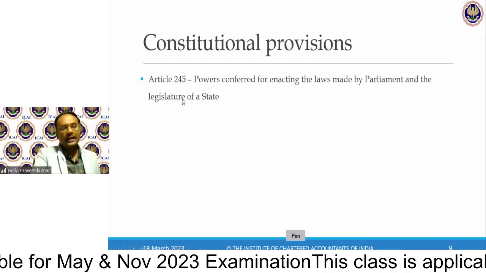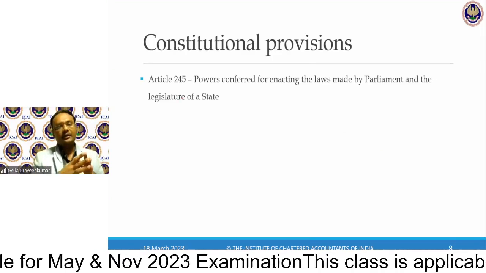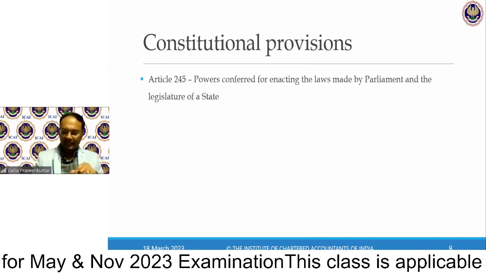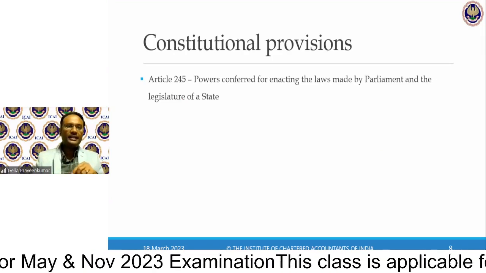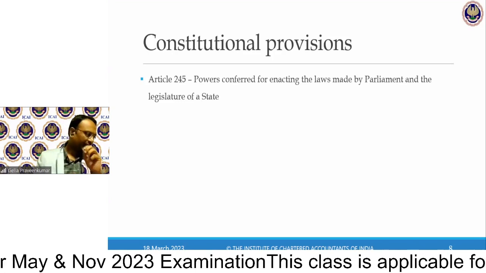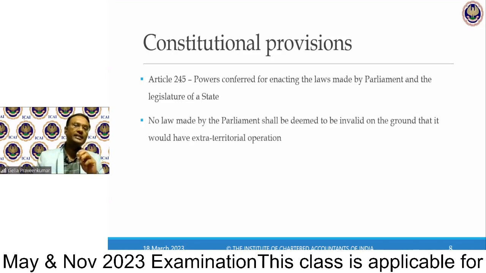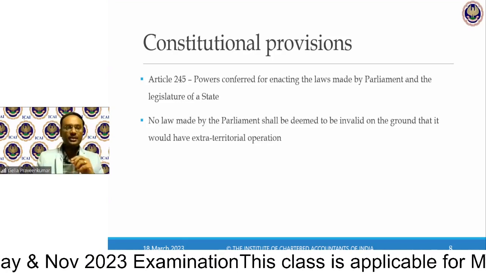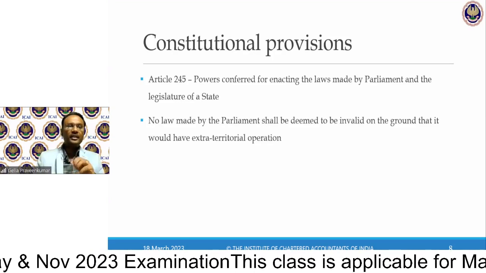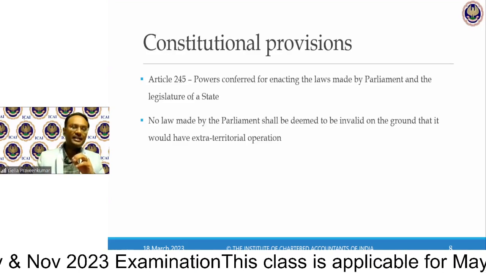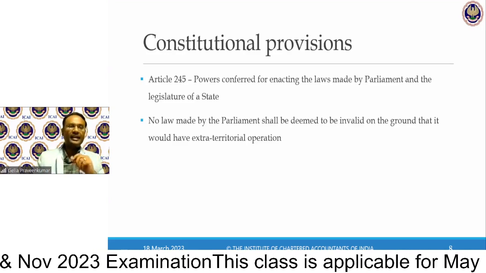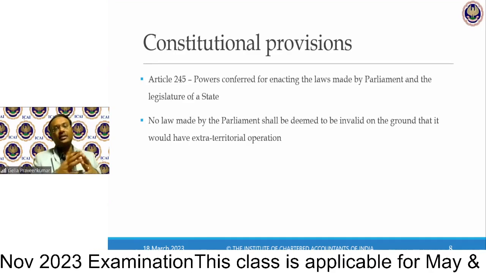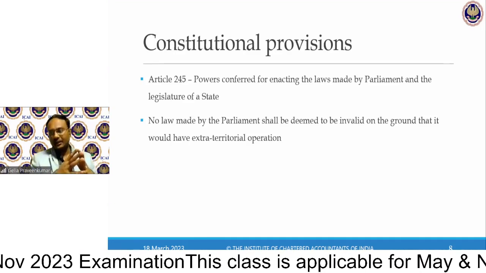Yeah. So Article 245 gives the power for enacting laws made by Parliament and the legislature of a state. As of today, we have Article 246, which has power vested with both central and state with respect to GST law. Now, Article 245 has given an extraterritorial power, where it says no law made by Parliament shall be deemed to be invalid on the ground that it would have extraterritorial operation.